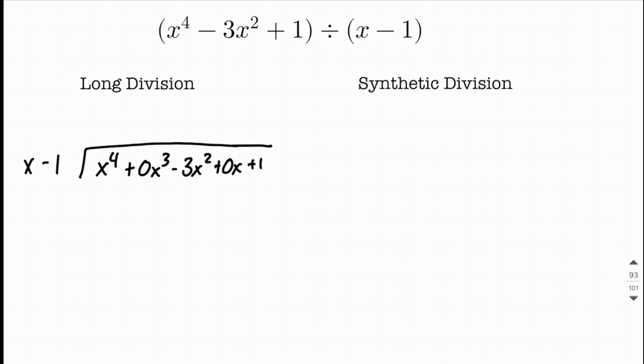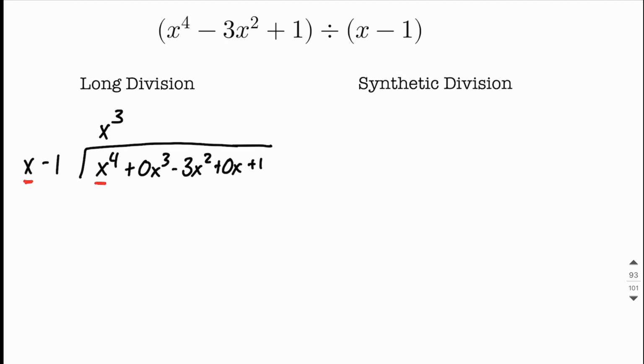So to get started on this, with our long division, we want to always focus on the very first term here. So the x, and then the very first term in here, the x to the fourth. And we say to ourselves, x multiplied by what is going to give us that x to the fourth? So x multiplied by x to the third should give us x to the fourth.